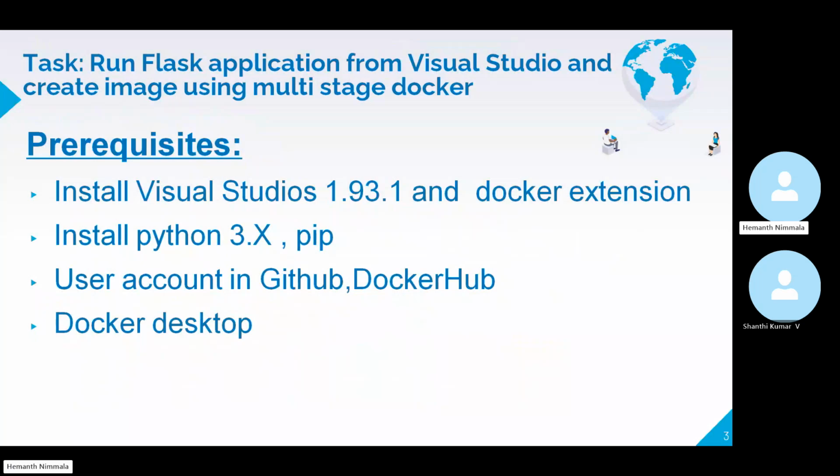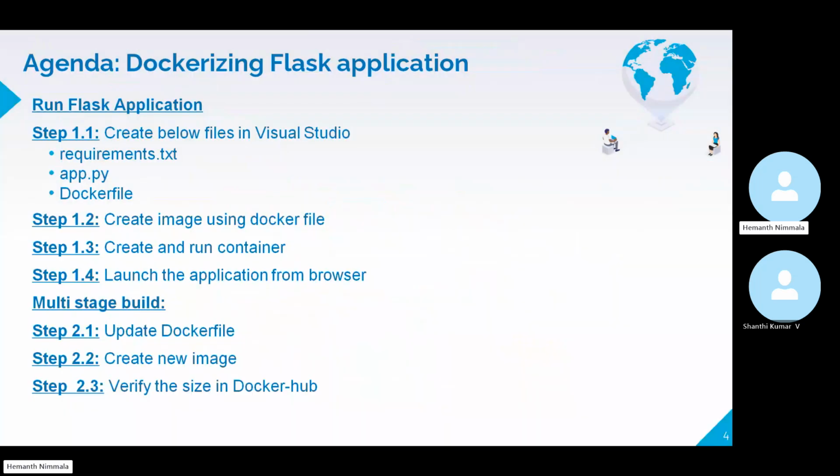There are two parts. One is we'll run the Flask application first, verify that the application is running and that we are able to create the image. Second would be to see how much space we can save on the image if we use the basic version of the base image file.